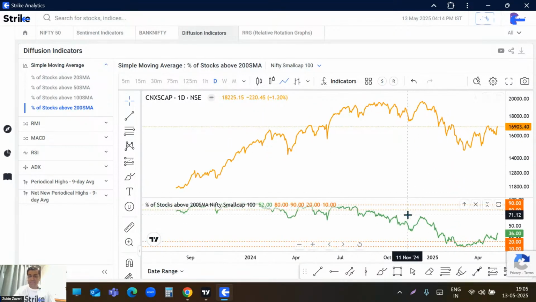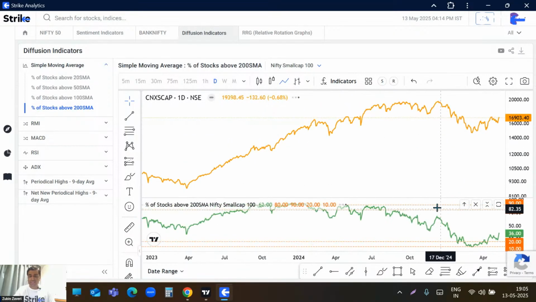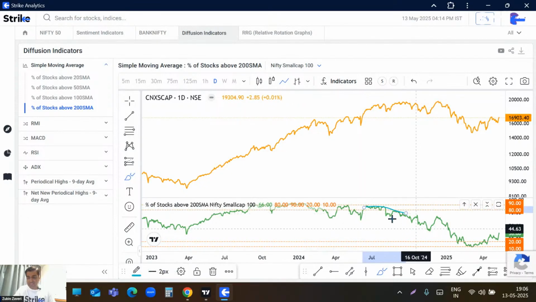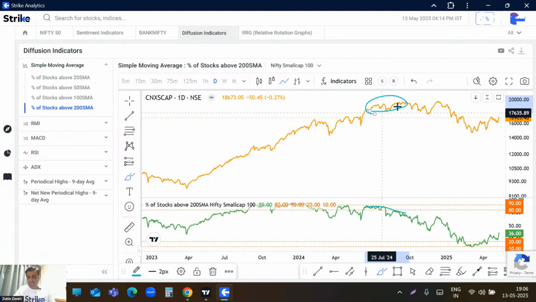And one thing, yes, when especially the small cap index is at its highest level and it's sloping downwards, this is not the time, my friend. When the index has started sloping downwards like this, this is not the time to invest in small cap stocks.